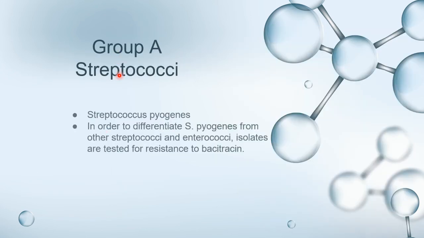We have first your group A streptococci. Group A streptococci, ang main representative here is the Streptococcus pyogenes. So, in order to differentiate S. pyogenes from other streptococci and enterococci of this group, okay, so isolates are tested for resistance to bacitracin.